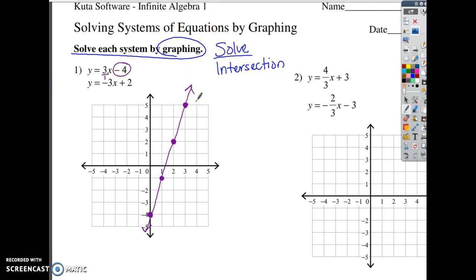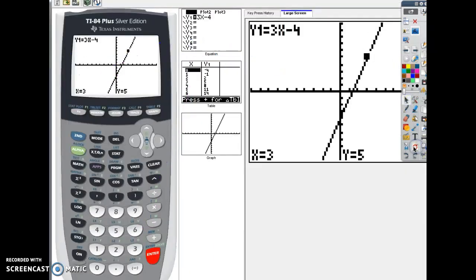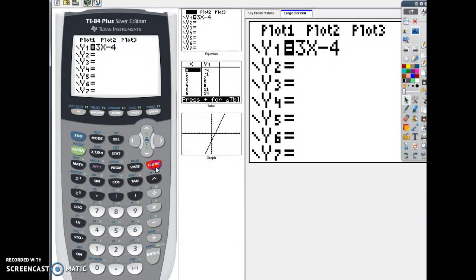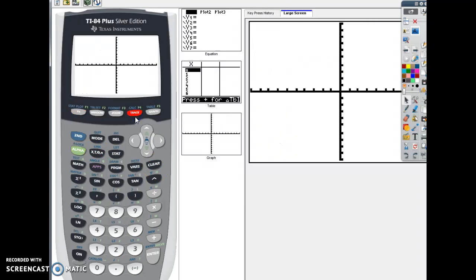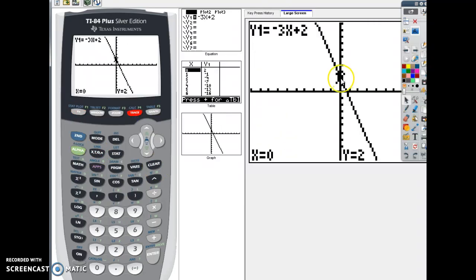And then we draw the other line. So that's negative 3x plus 2. Negative 3x plus 2, trace. So the first point I'm going to put is 0, 2. Go ahead and plot that point, 0, 2.